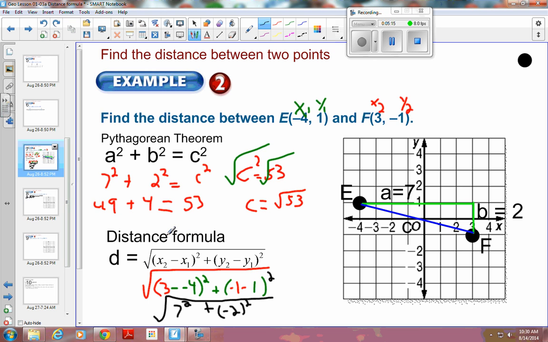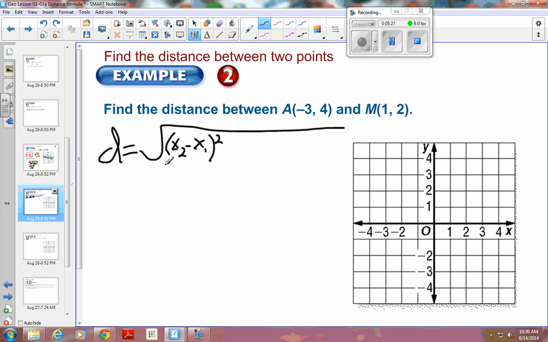And then the formula, if you recall, it's a plus sign here, minus signs in here, so subtracting them and then adding them together. So plus y2 minus y1 squared. Okay, so this is my x and my y coordinate on my first point, and this is my x and my y coordinate on my second point.